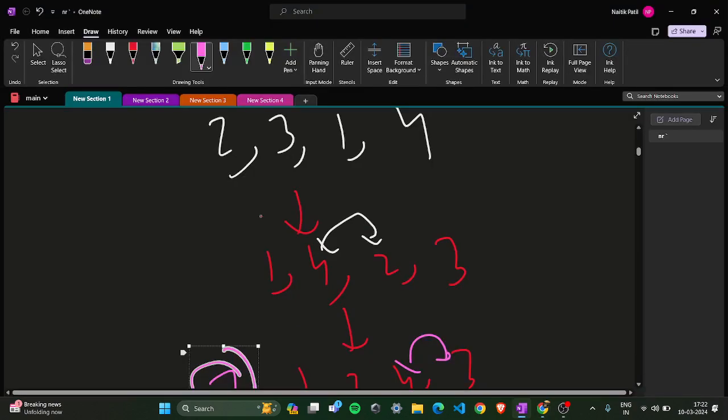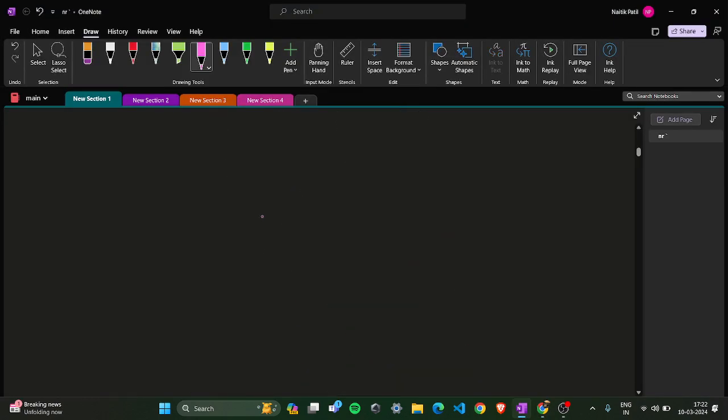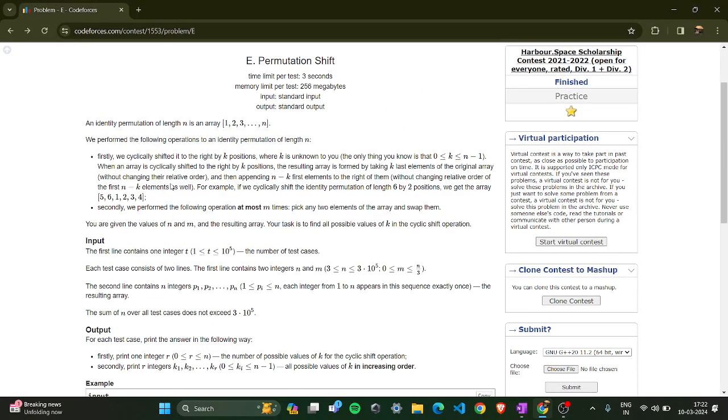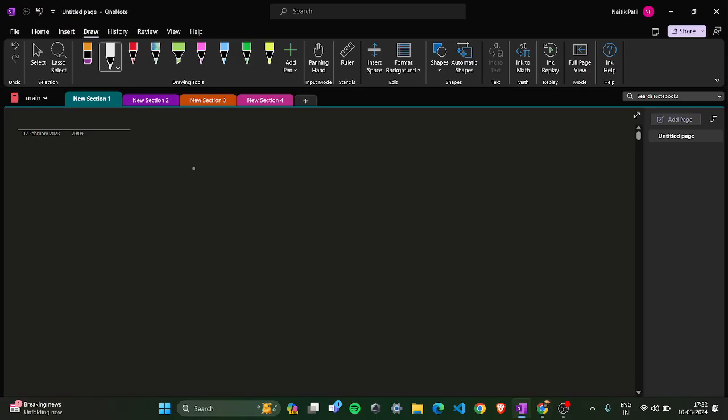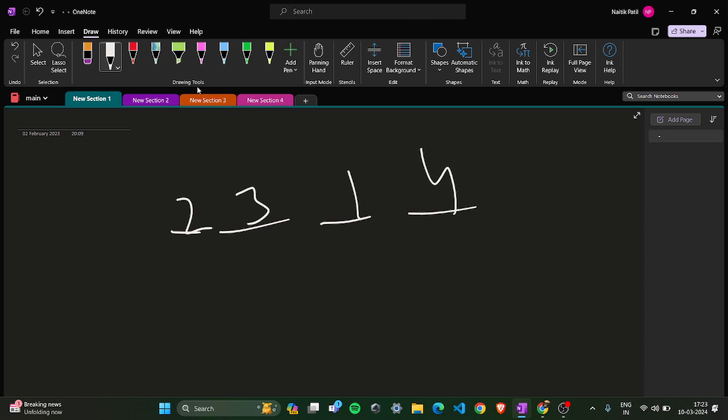Now let's look at the approach for this. First of all, one thing to notice is let's just forget about the cyclic shifting part for now. And let's suppose we have some array 2, 3, 1, 4.